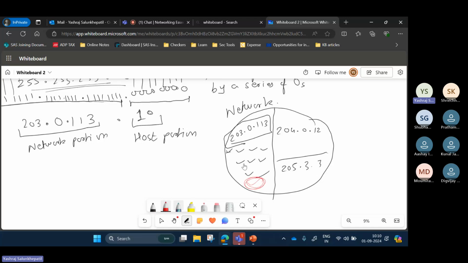This is my device where we have to send the message. ठीक है, so this is our network portion, this is our host portion.